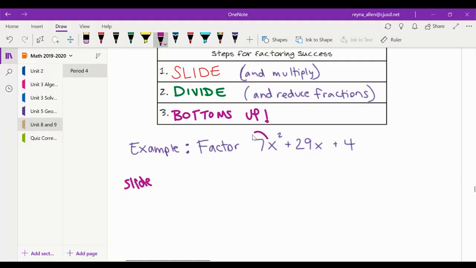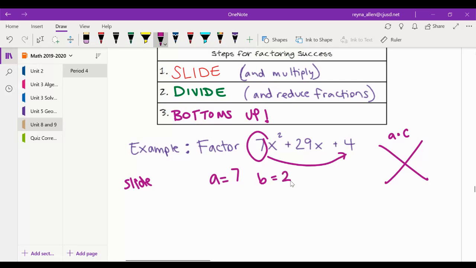We're going to take this 7 and we're going to slide it back to the 4. And we're going to do a times c. So a is 7, b is 29, and c is 4.